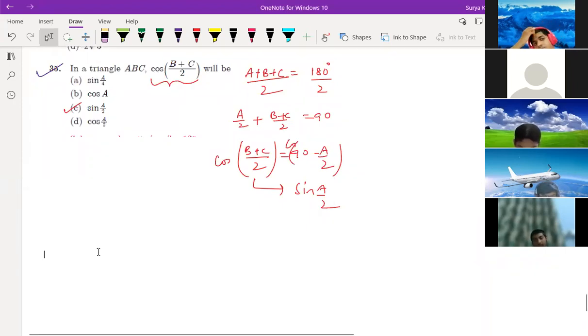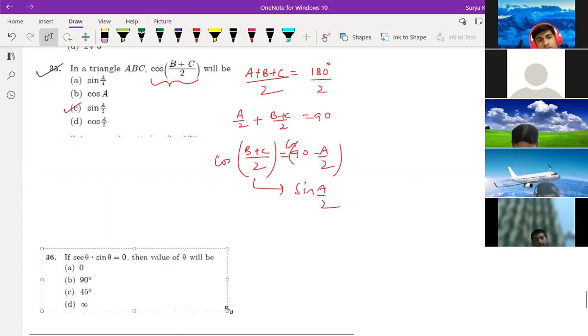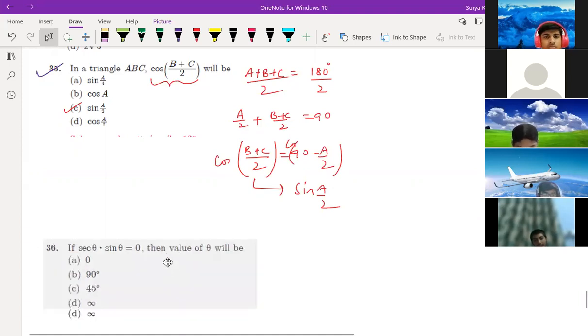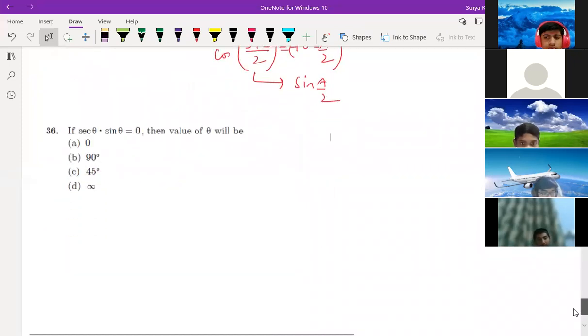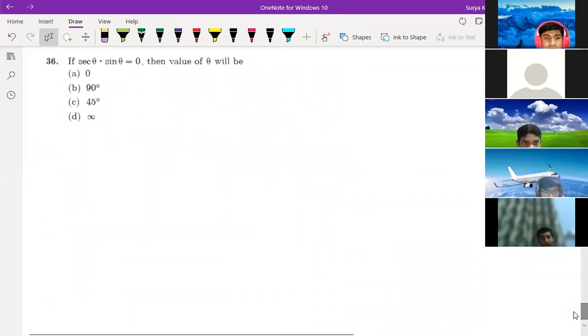Next question is, if sec theta into sin theta is equal to 0, then what will be the value of theta? Infinity?